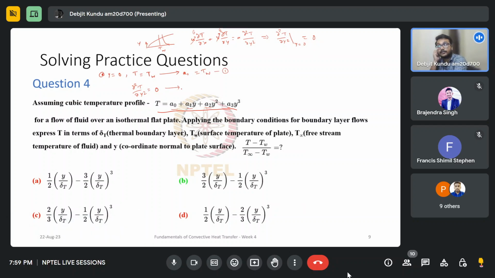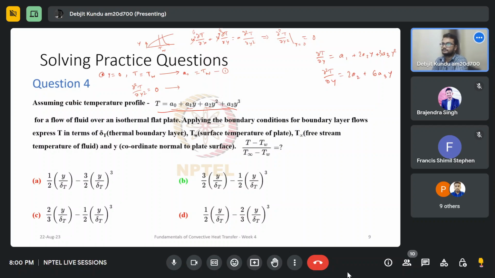From the second boundary condition, the first derivative of T with respect to y is a1 plus 2a2y plus 3a3y squared, and the second derivative would be 2a2 plus 6a3y, right?